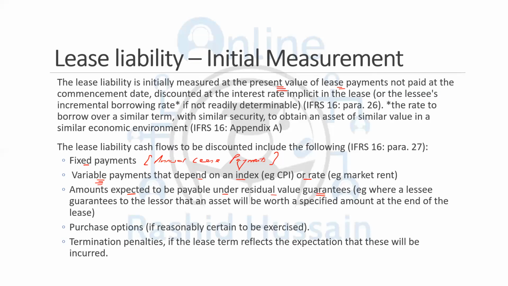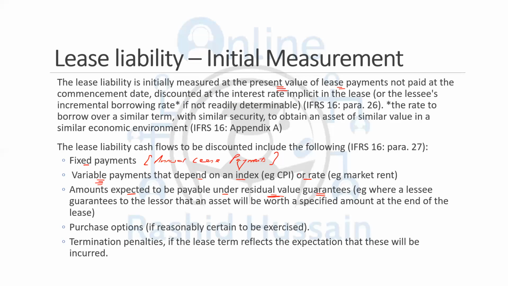So sometimes the lessor may keep a condition that when you're returning the asset, it should be worth a certain amount. That simply means that you have to take care of the asset. If, when you are returning the asset, it is not worth what we agreed earlier, that means you have not taken care of that asset. The difference, which is the amount it should be, should now be paid by the lessee, and this is known as the residual value guarantee.